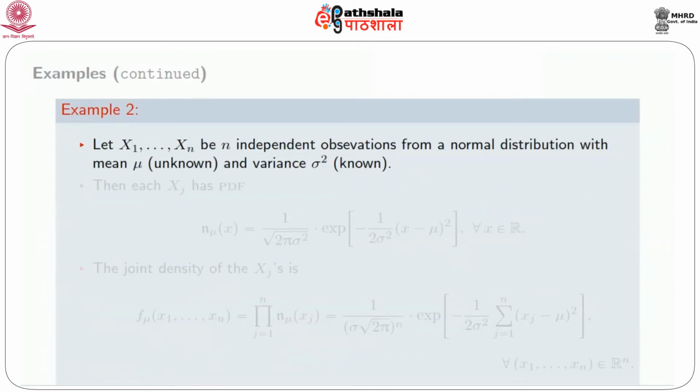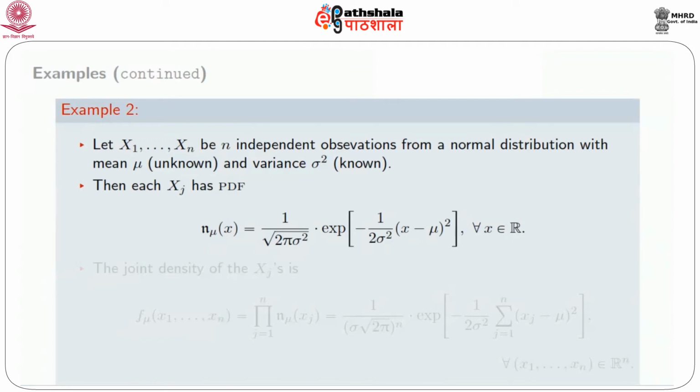We consider our second example. Let x_1, x_2, ..., x_n be n independent observations from a normal distribution with mean mu and variance sigma squared. Here mu is unknown and sigma squared is known.